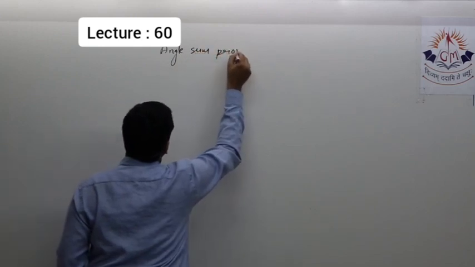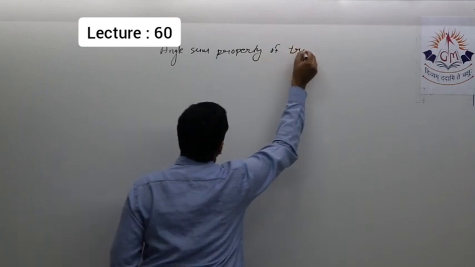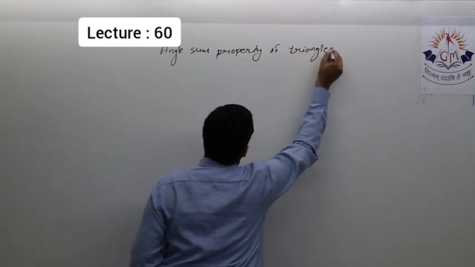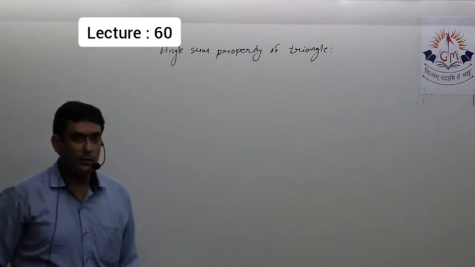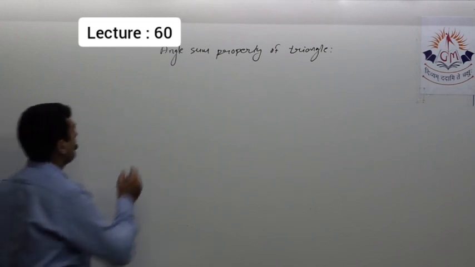Angle sum property of triangle. Angle sum property of triangle means the sum of all the angles of a triangle is 180 degree.